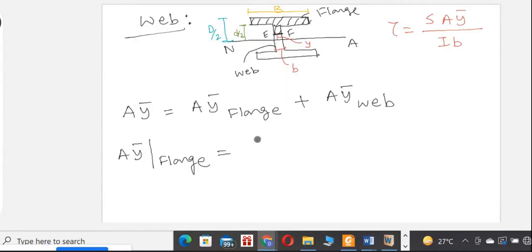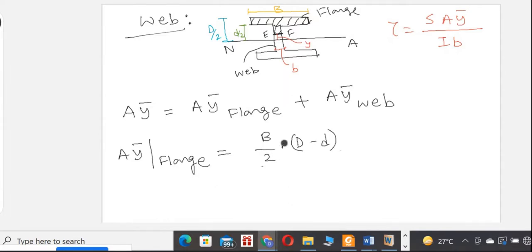So capital B by 2 into capital D minus small d.